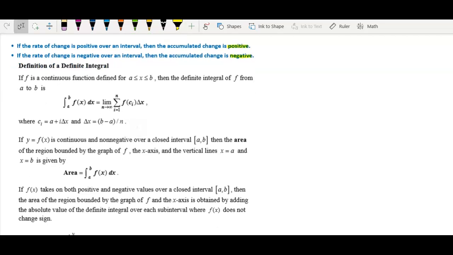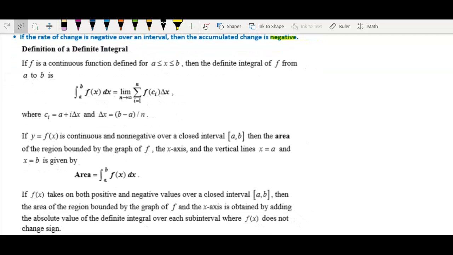So the definition of a definite integral. If f is a continuous function between a and b, then the definite integral for f from a to b is, so this is the notation we use and we're comfortable with. The limit notation you need to know if you're taking the AP exam.